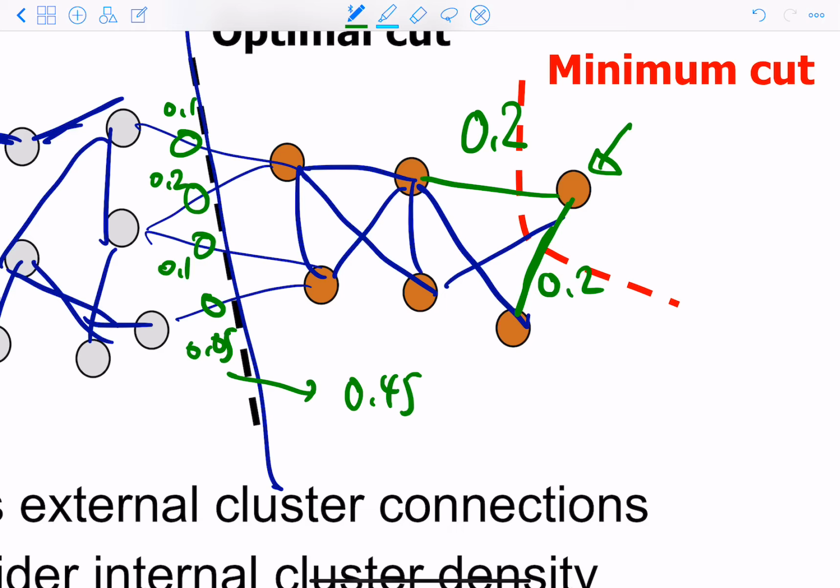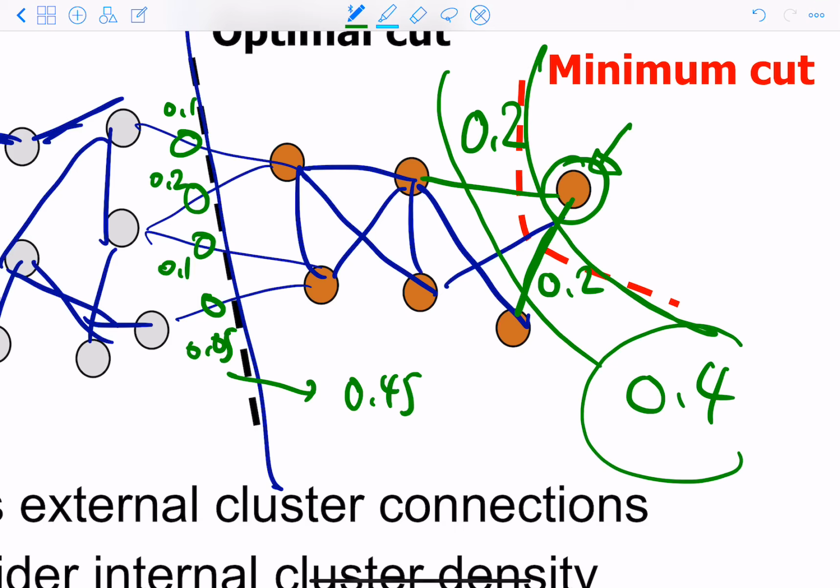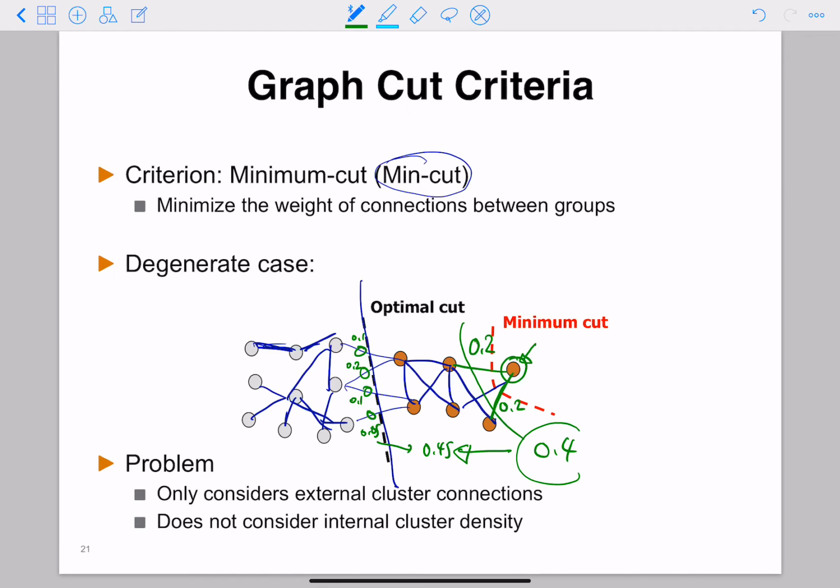Simply because this point has a small number of edges, if we cut over here, the cut measure is only 0.5. So if we only consider minimizing this cut measure, then this cut is a better, more optimal one than this cut. So this is clearly not what we want.